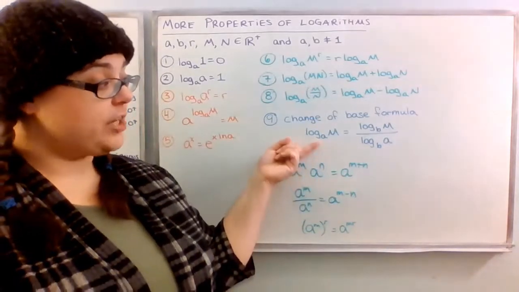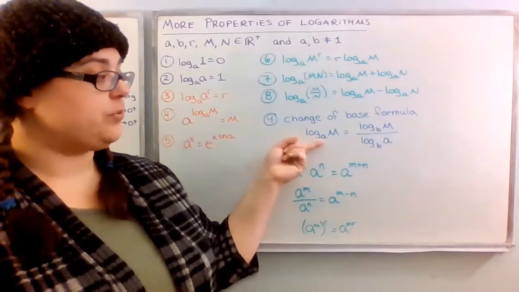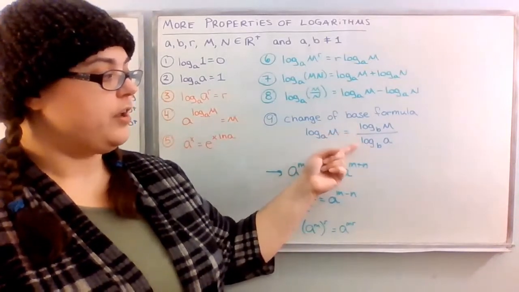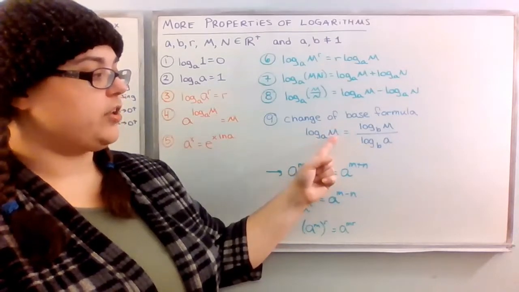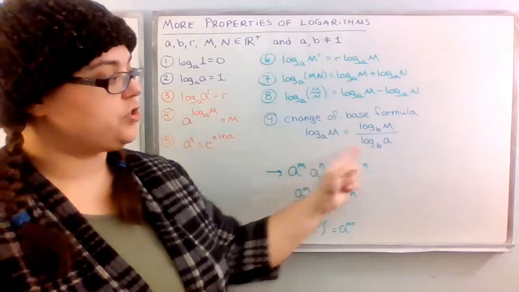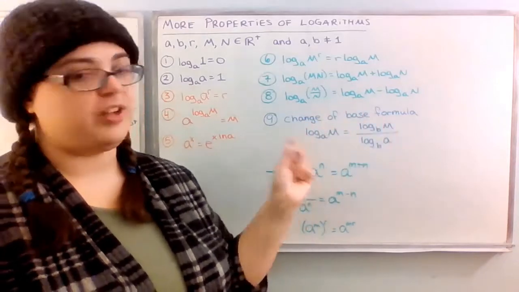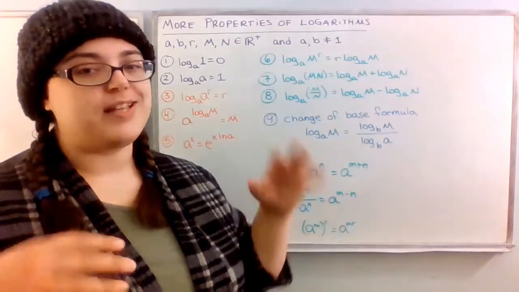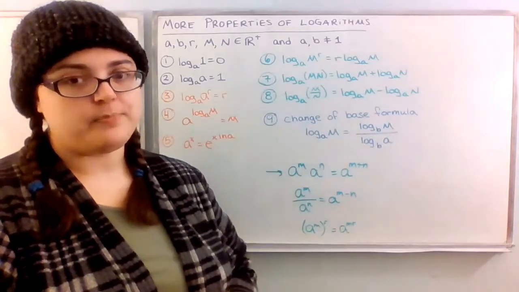So you can change it. If a is 3, I can rewrite it in terms of log base 5 by taking the log of the argument over the log of the base. So this is your change of base formula. It's going to be really helpful if you have an older style of calculator, or if you're solving equations and you need things to be in the same base.